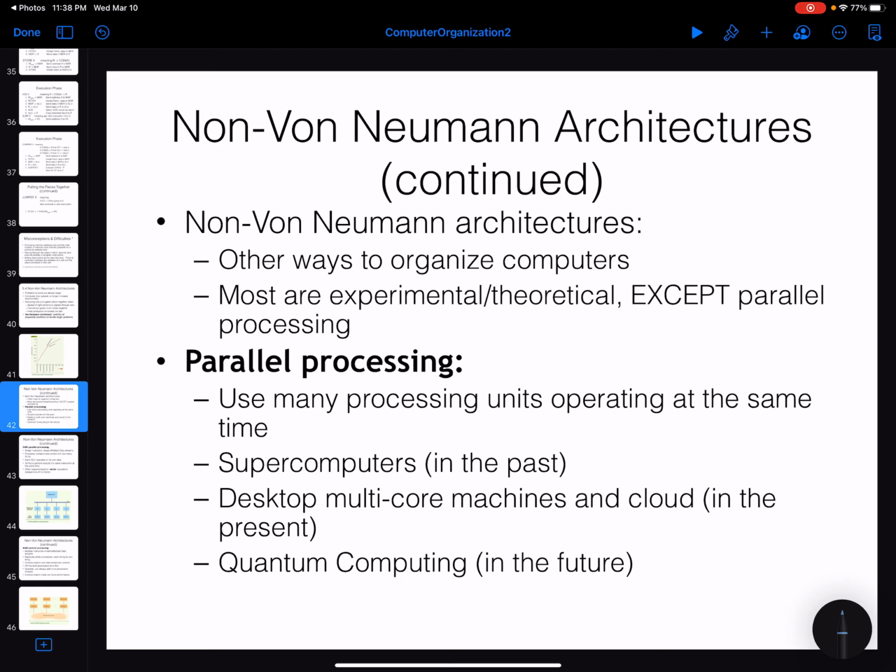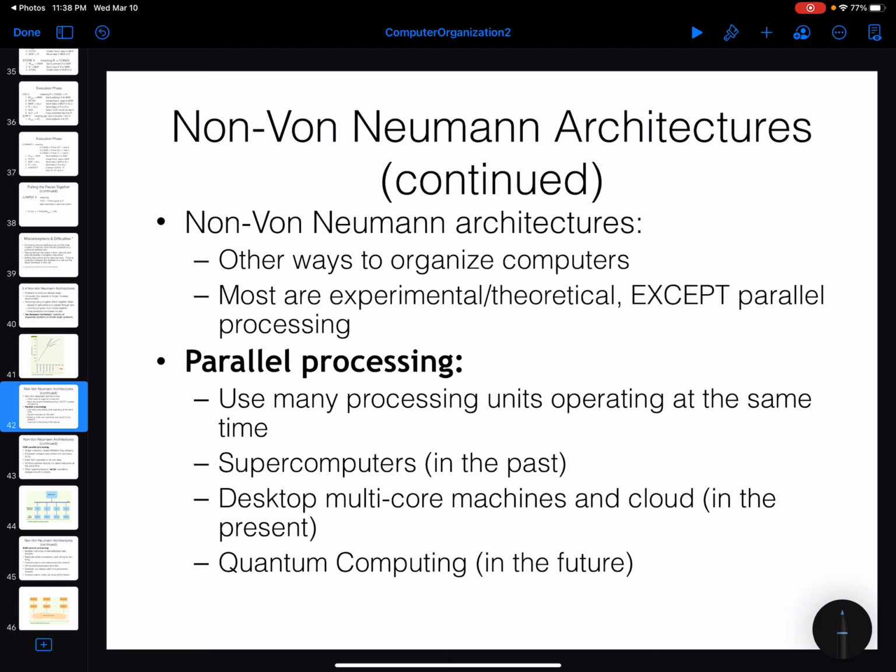There have been many different models of parallel computing. Supercomputers were the very first implementation of parallel processing, and nowadays even a regular laptop is going to have multi-core, which means you have multiple processors on one computer. And also cloud computing, I'm sure you have heard about it.